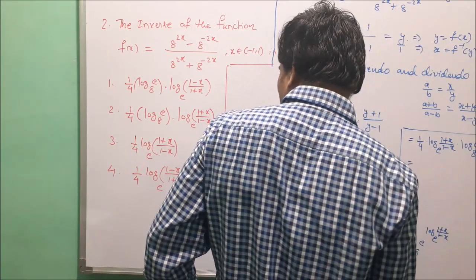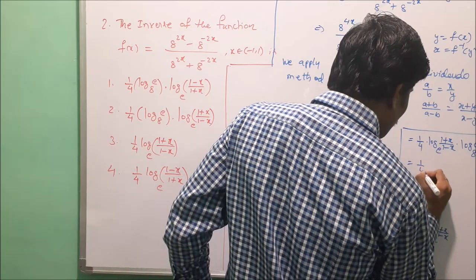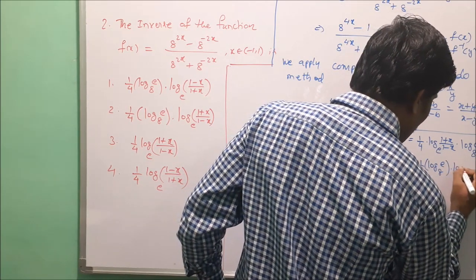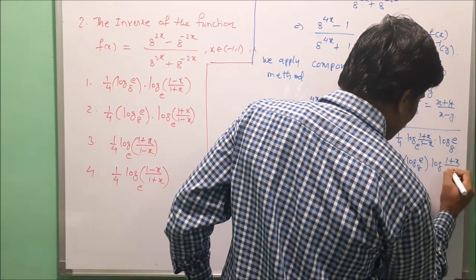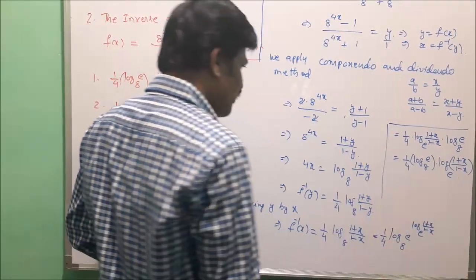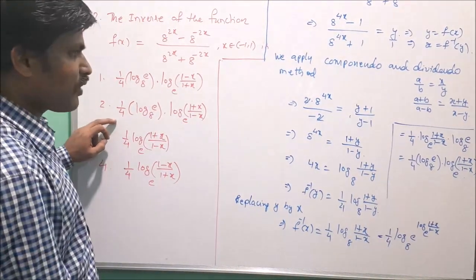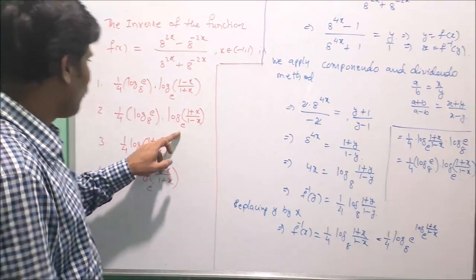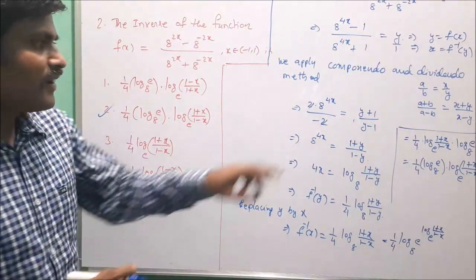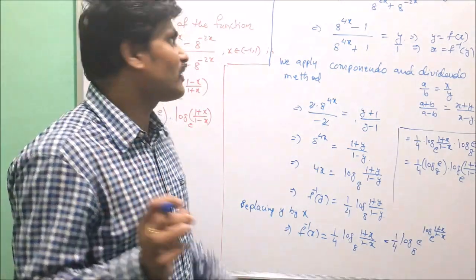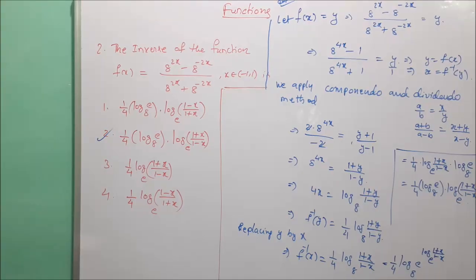Now here we write 1 by 4 log e base 8 into log of (1 plus x by 1 minus x) base e, which is in the option 1 by 4 log e base 8 into log (1 plus x by 1 minus x) base e. The second option is the right answer to the given question. So this is the solution for this question.